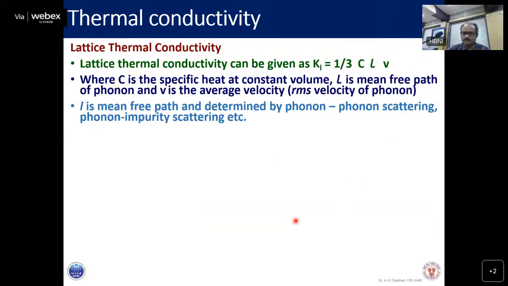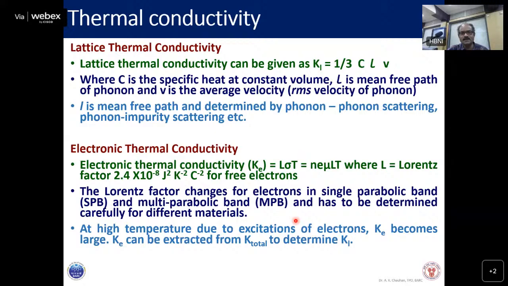And for this L, which is the mean free path, it is determined by the phonon scattering, or sometimes in cases of phonon impurity scattering also. Then next is the electronic thermal conductivity.